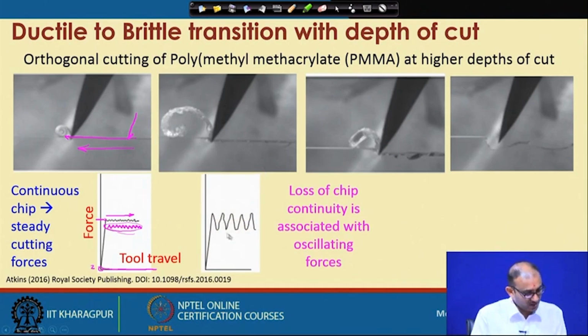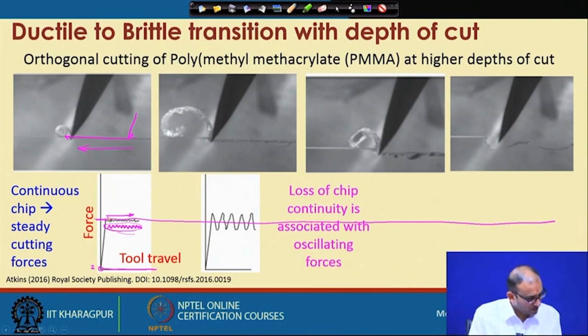Now, coming to the next part, your chip is not similar to the previous chip. The depth of cut is increased a little, and in this diagram the variation in the cutting force is also a little higher. Earlier it was oscillating with a very small amplitude. Now the amplitude is increased, because you are getting some fracture on the machined surface, and chip removal is not as efficient as in the first figure.